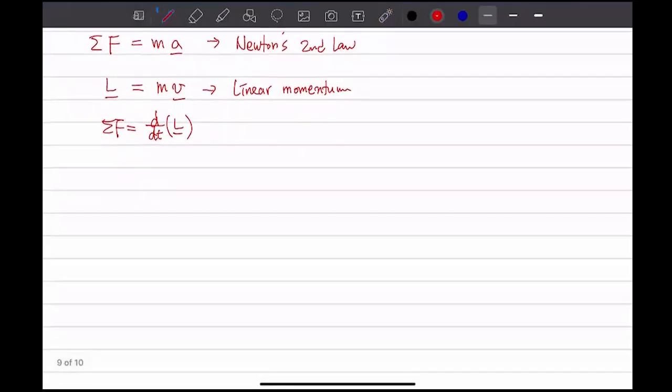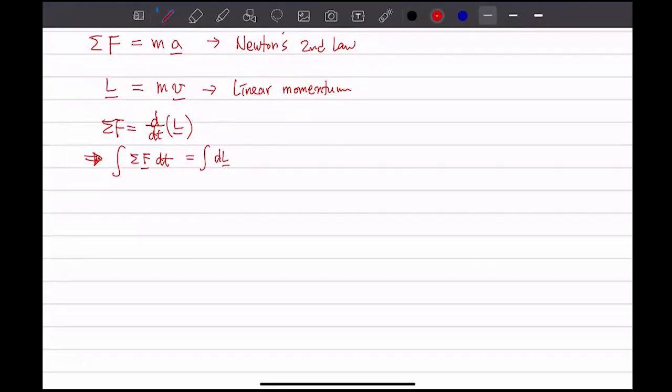Then from here, we can move this dt to the left and do the integral. So we do the integral of F dt, and that is going to be the integral of dL, right?